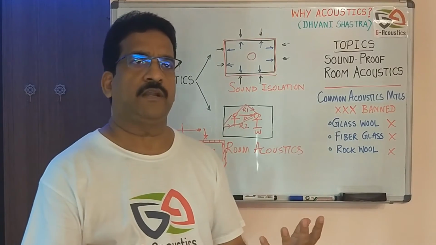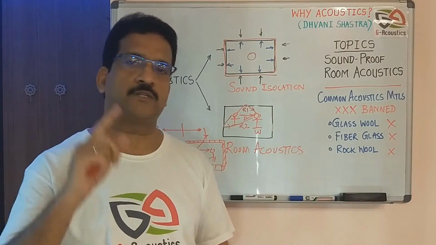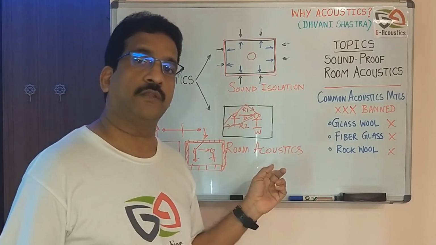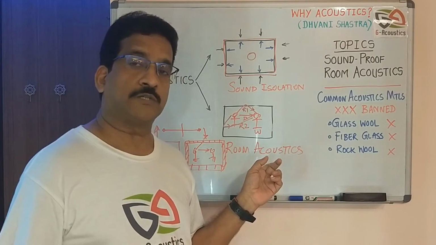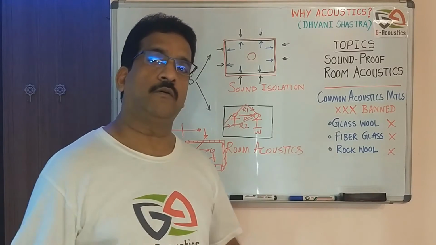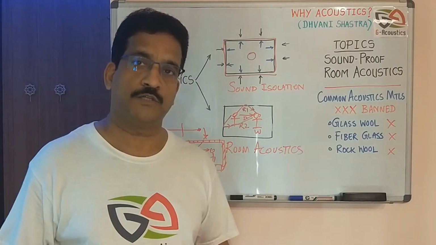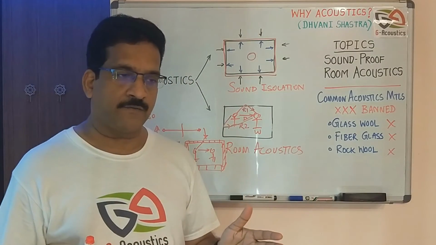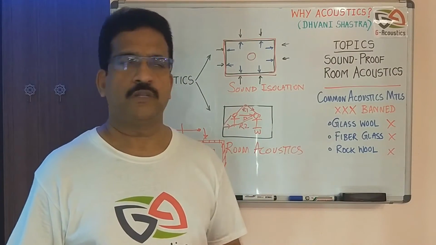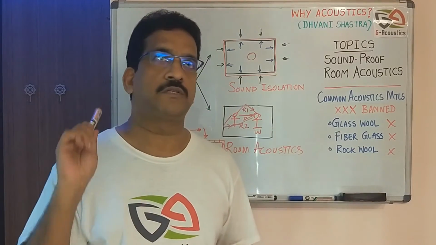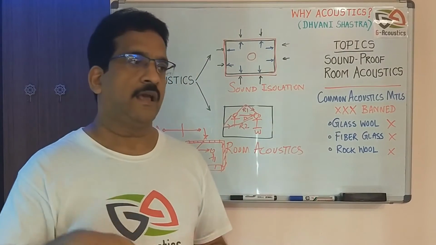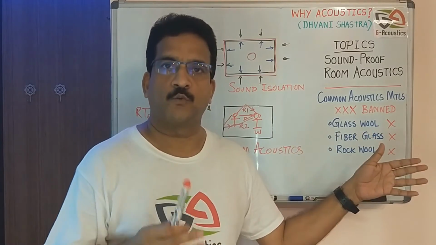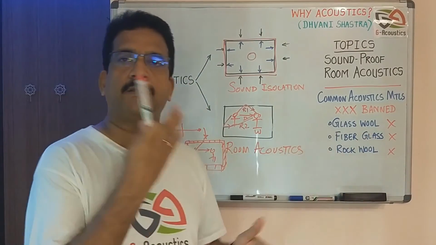Normally when we talk about acoustics, people just say acoustics. They don't know whether they are doing sound isolation or room acoustics, because most of them don't take any measurements related to acoustic installation. Let us say, for example, it is a studio. They immediately cover the four walls and the ceiling, dump some glass wool and other types of material, and cover it with a perforated board.